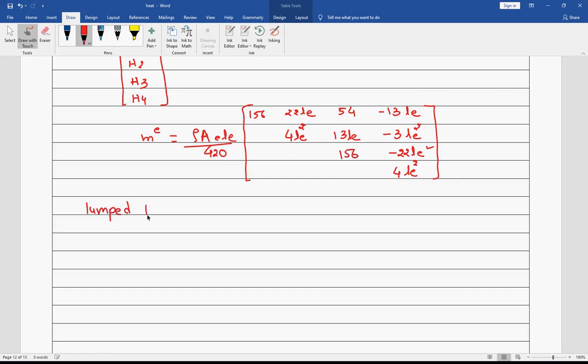Okay, so next is the lumped mass matrix. Now this consistent mass matrix does give you good results. But it is mentioned that from a programming point of view, if you use the lump mass matrix, it becomes a lot easier to handle.